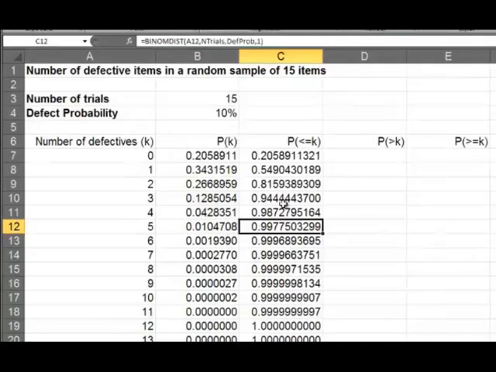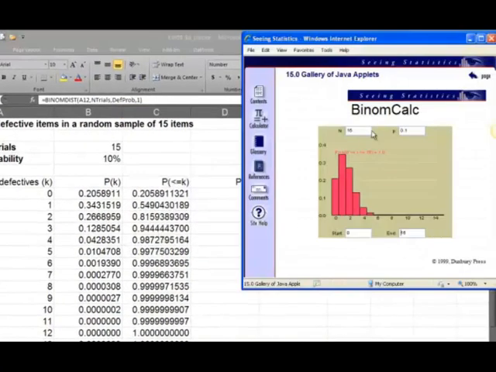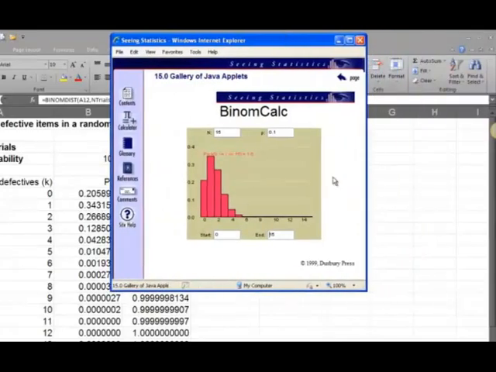And I want to switch gears for a moment and just graphically show you what we've been talking about. What does this distribution look like? I've generated here in this little applet a column chart that represents the probability distribution.